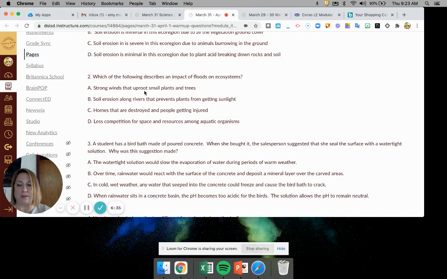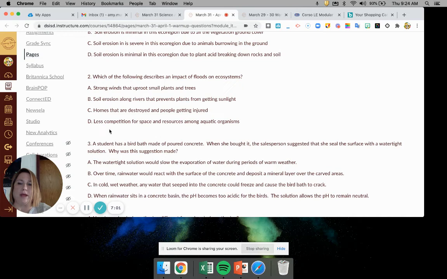But keep in mind, the small trees and plants have been uprooted and carried downstream, and the stream ecosystem itself, or river ecosystem itself, has been damaged. So soil erosion along rivers that prevents plants from getting sunlight, that could absolutely be the answer.